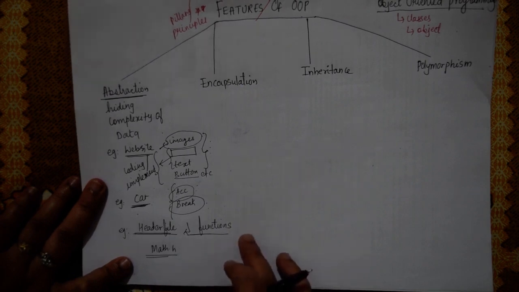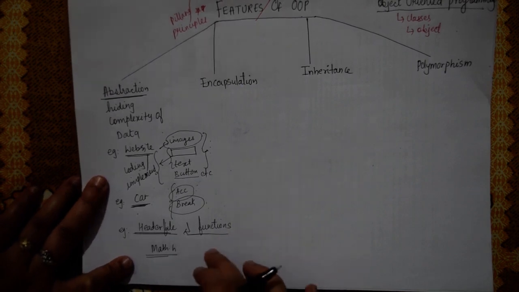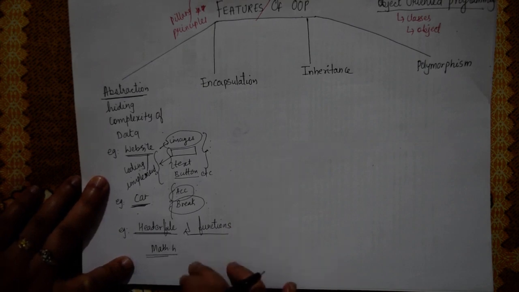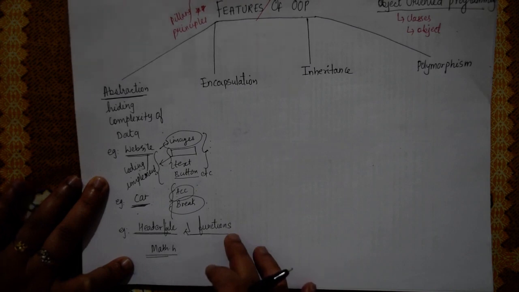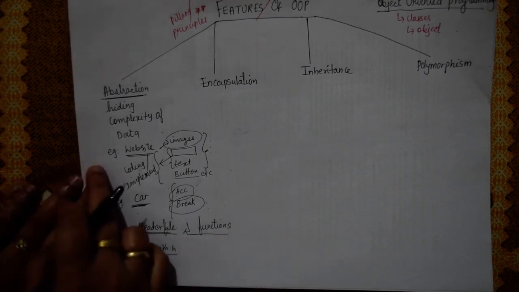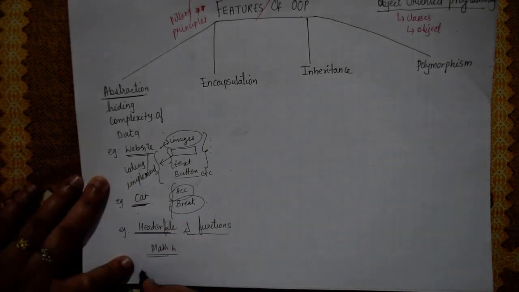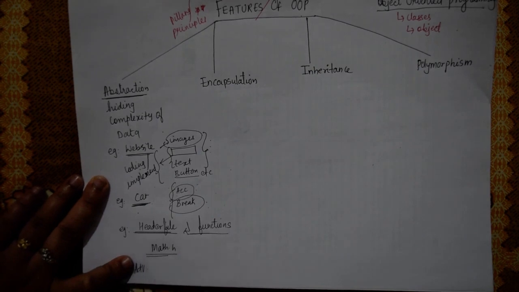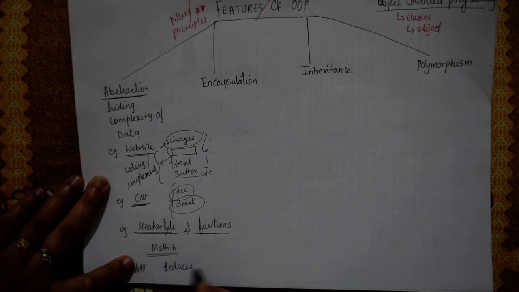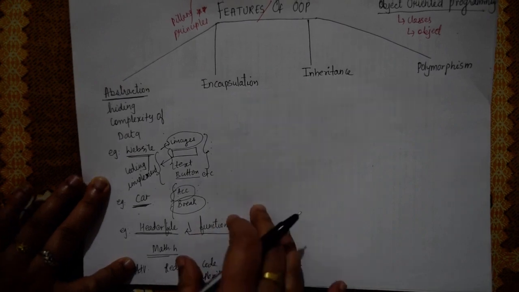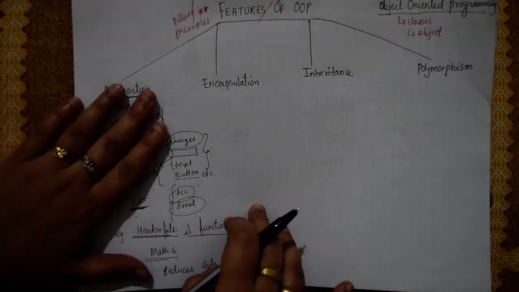So we can use the feature without needing to know how it is implemented, where it is implemented. Okay, this is called abstraction. So the main advantage of abstraction is what? It reduces code complexity. Understood? Abstraction.